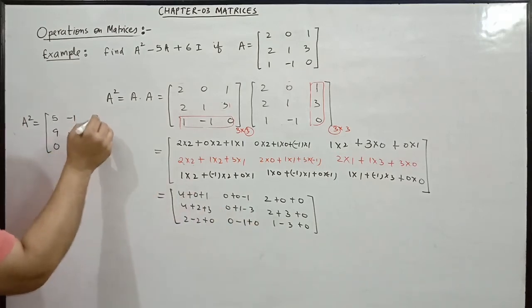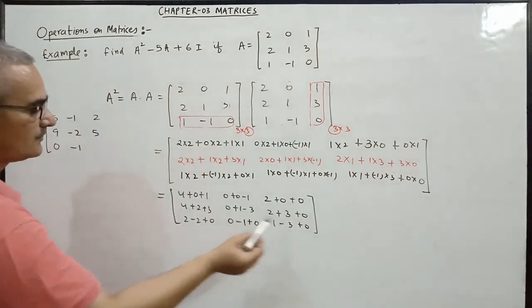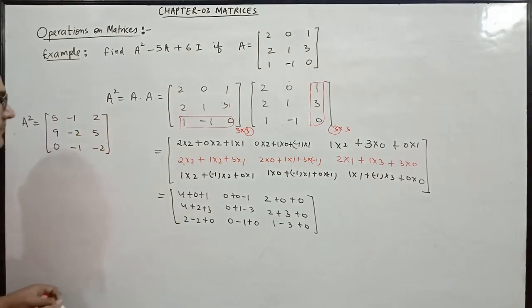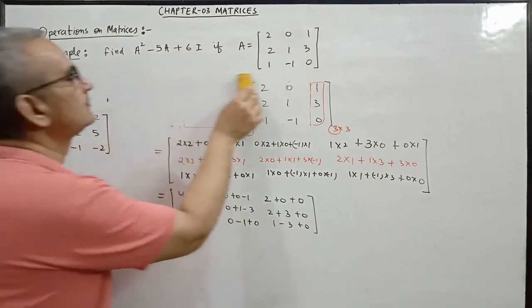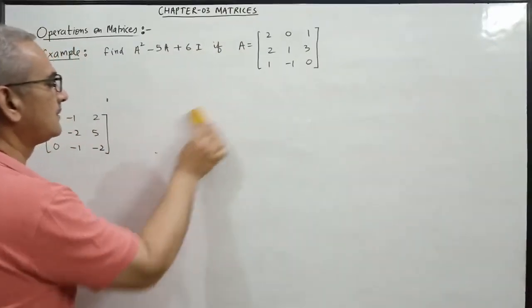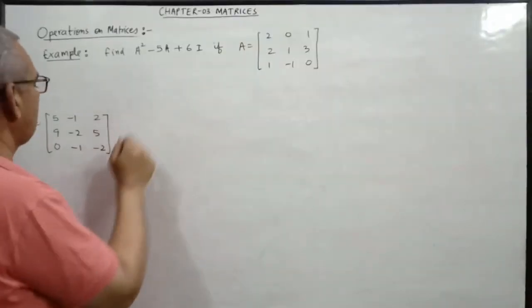Here we have 2, 2 plus 3 is 5, 1 minus 3 is minus 2. So that is the value of A square. I hope that A square is clear to you. So let's remove it from here.